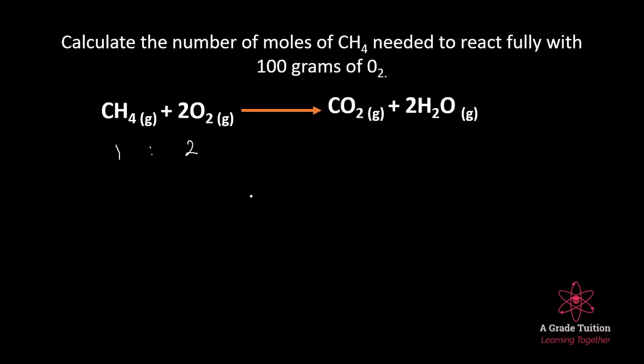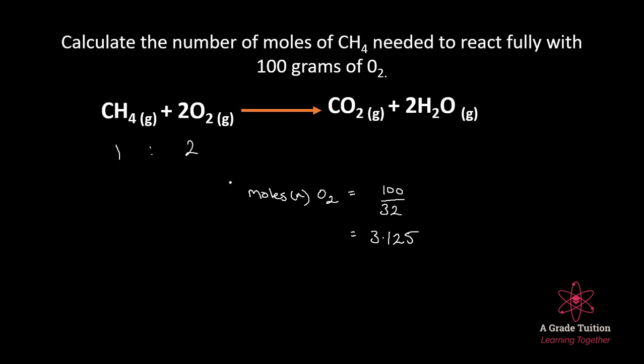So we can work out moles, which is n of oxygen, equal to 100 divided by 32, because there's two atoms of oxygen per molecule, and that gives you 3.125.